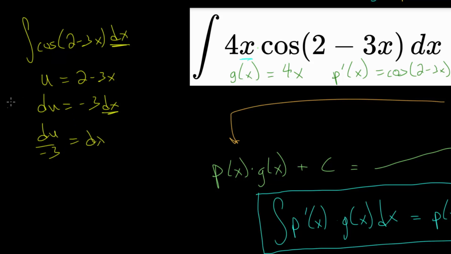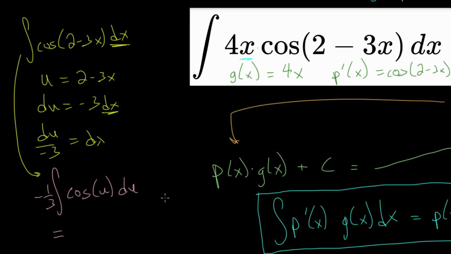We can plug that in, and we can rewrite this integral as the integral of the cosine of u multiplied by dx, but that is really just du over negative 3, which I will put on the outside as minus 1/3. And the integral of the cosine of u would just be the sine of u.